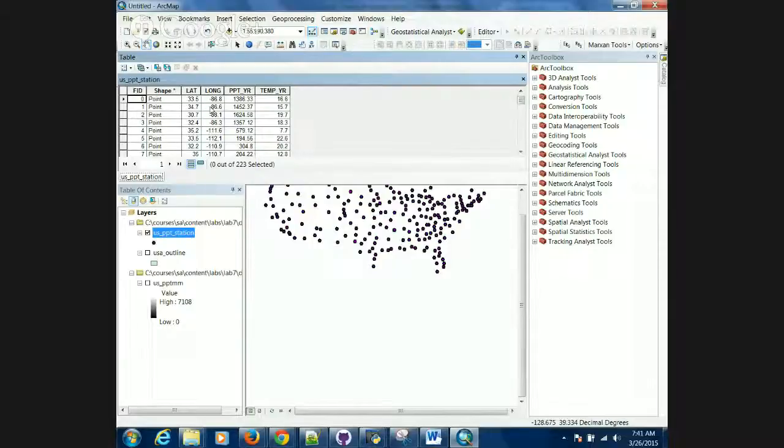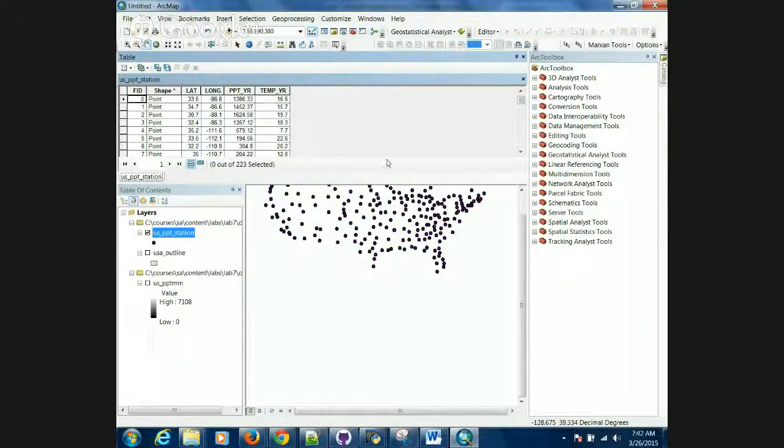The original data set wasn't a shapefile. It was just a text file that had the latitude and longitude of all the weather stations. It also had some other information that I didn't import, like the name of the weather station and so on. And then the average yearly precipitation and the average yearly temperature.